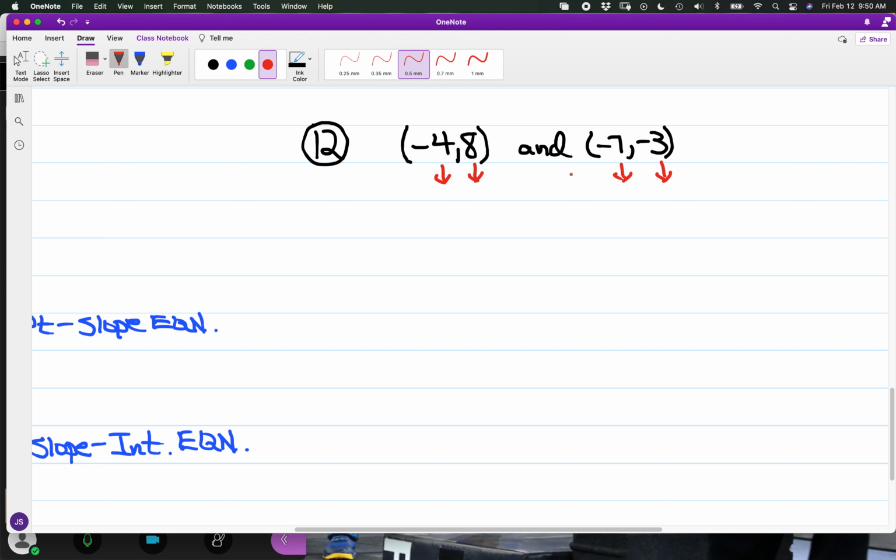And once again, all ordered pairs are of the form xy. So you have negative 4, 8. We can let this be the first set of x and y terms. And negative 7, negative 3, since that is provided subsequently, we can let this be the second set of x and y values. And thus for the slope determination, we have y of 2 minus y of 1 all over x of 2 minus x of 1.